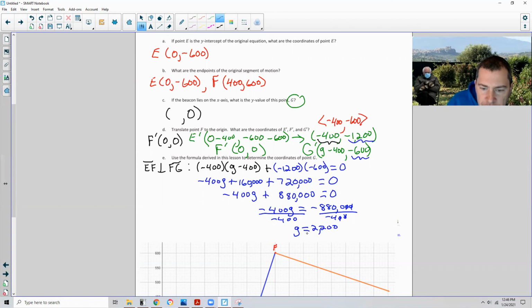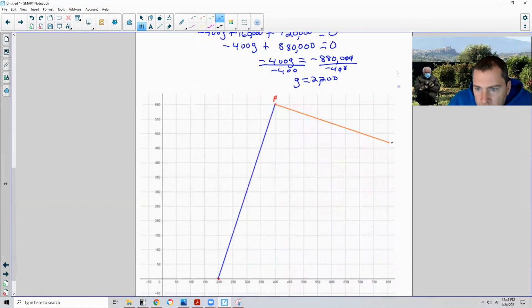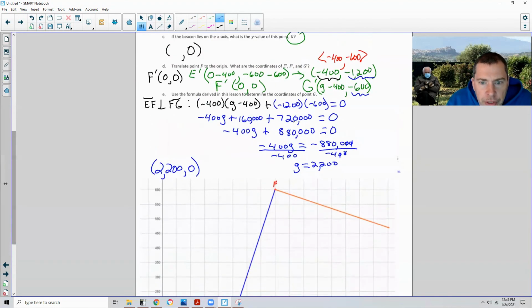So my g value x is going to equal 2,200. So we are way off. It'd be way over here at 2,200, 0. Okay, so that was pretty cool that we could do this using that new equation we learned in this lesson. All righty, I think Bernie's impressed.